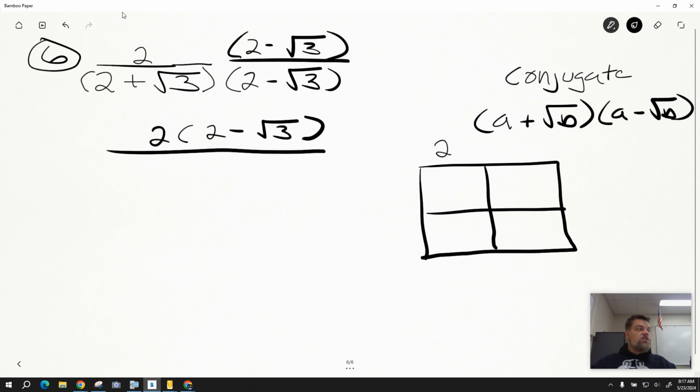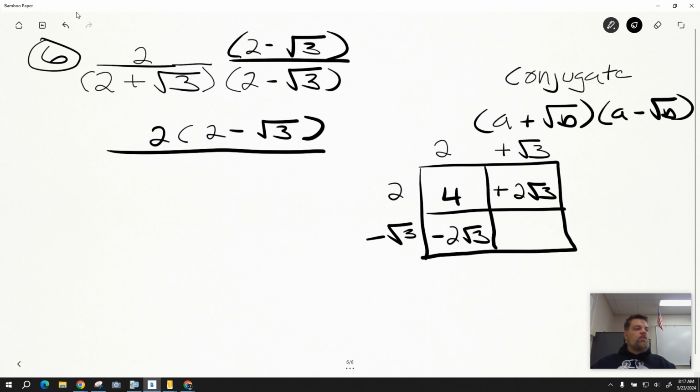If I say 2 plus the square root of 3 times 2 minus the square root of 3, the conjugate does an interesting thing. 2 times 2 is just 4. The square root of 3 times 2 is just positive 2 root 3. But here, 2 times a negative root 3 gives negative 2 root 3.